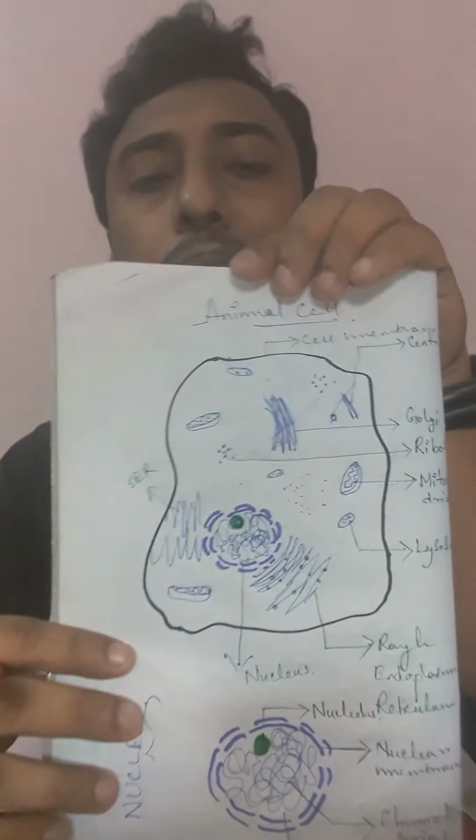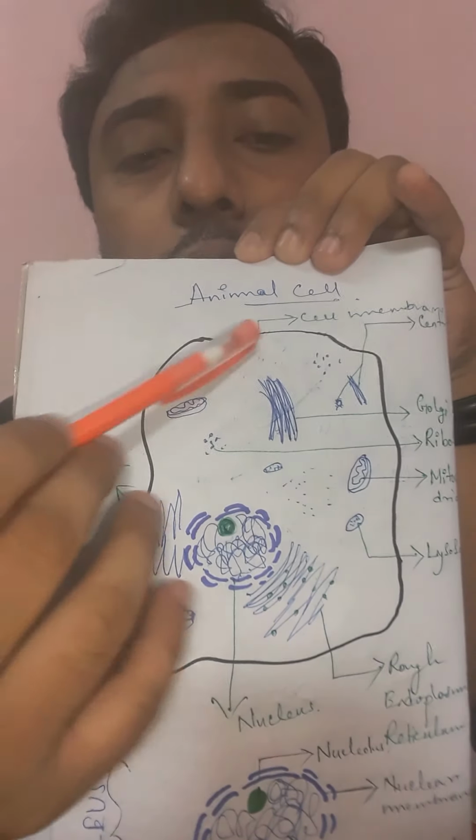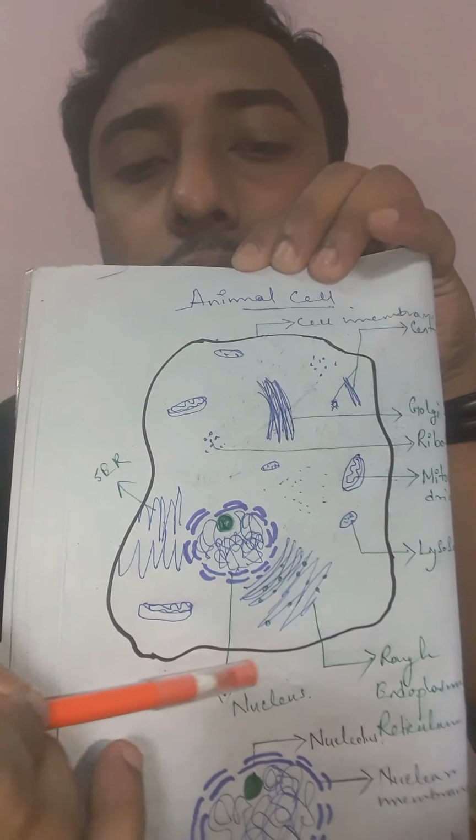Now the structure of cell, there are two different parts. One is the outer covering of the body, that is cell membrane, and the inner entire portion, that is protoplasm. I will show you one diagram of animal cell. Here it is completely explained. See the structure of animal cell.